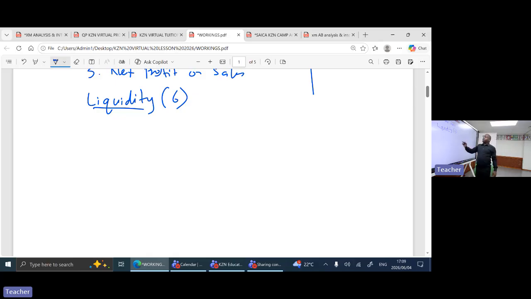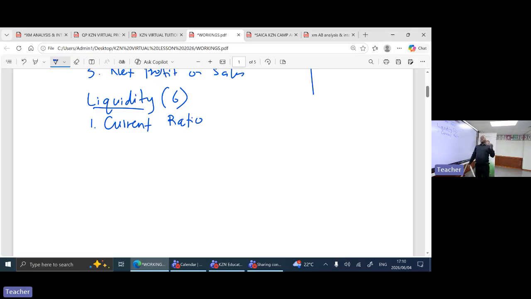All right, let's start with the liquidity indicators. The first one will be the current ratio. How it's calculated, I will show you the formulas when we go to the other page.